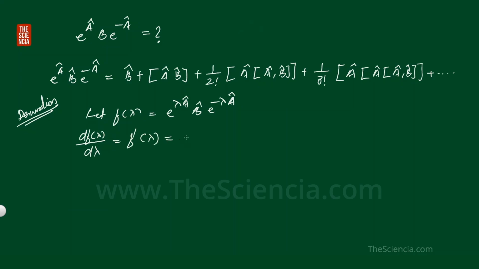See, it's a product of 3 terms. So first we take the derivative of the first term, e raised to lambda a cap, derivative of lambda a cap with respect to lambda, that is a cap b cap e raised to minus lambda a cap. Now we take the derivative of the second term. See, in b there is no lambda, so if you take the derivative with respect to lambda, it becomes 0.